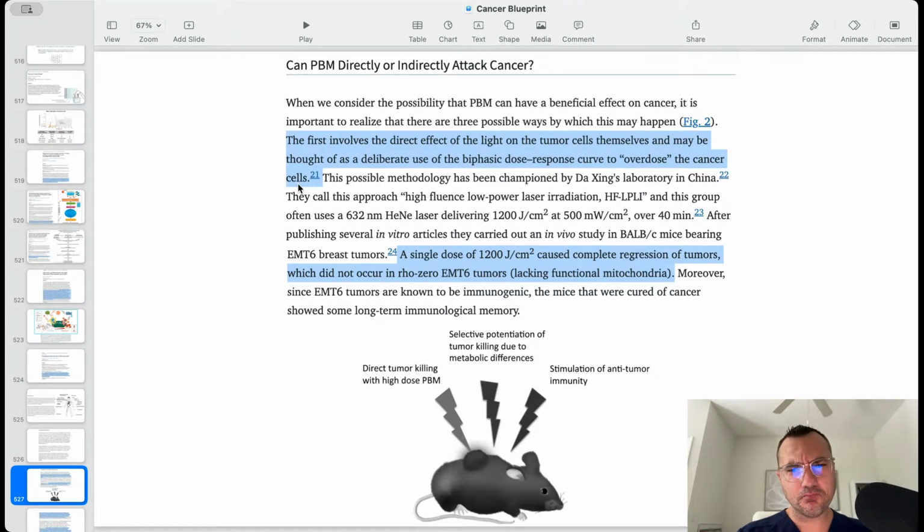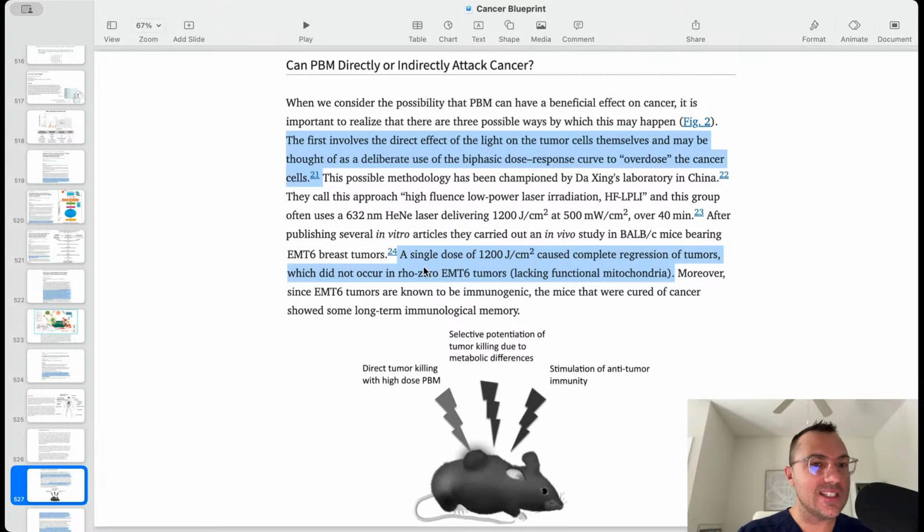So within photobiomodulation there are response curves, and there is the thought that you can actually overdo red light therapy. Basically they're using this response curve as a way to overdo the red light therapy for cancer cells in particular.